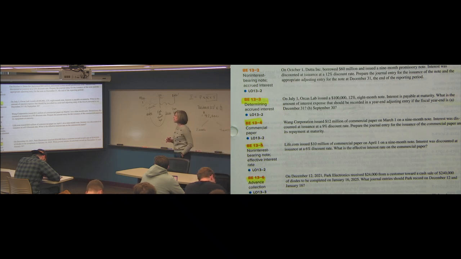What if the fiscal year ends September 30? Okay. Same journal entry, right? I'm still accruing interest. But now, how many months of interest gets recorded as accrued?